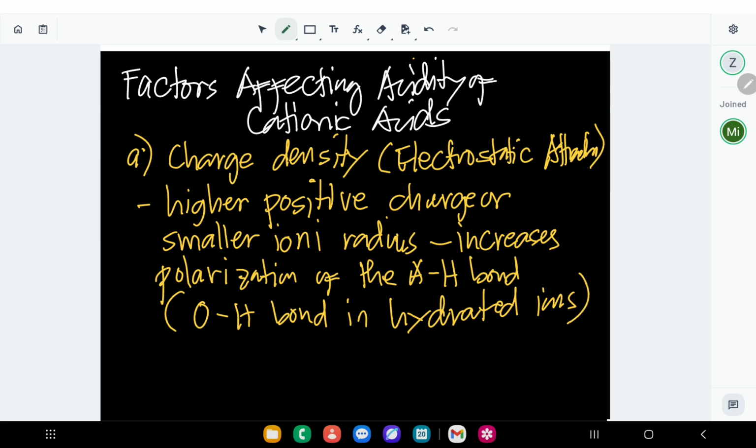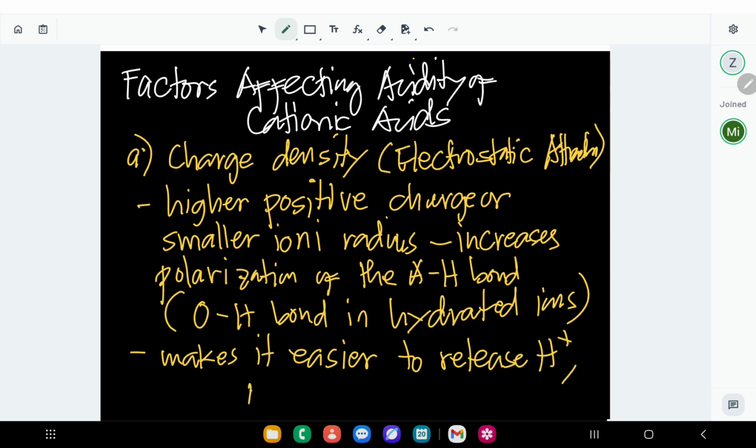Familiar with that? This makes it easier to release the hydrogen proton, H+, increasing acidity.